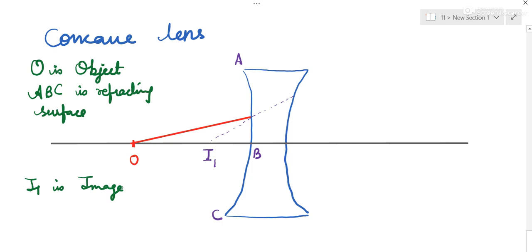Now you can talk about the distances. Object distance is u.